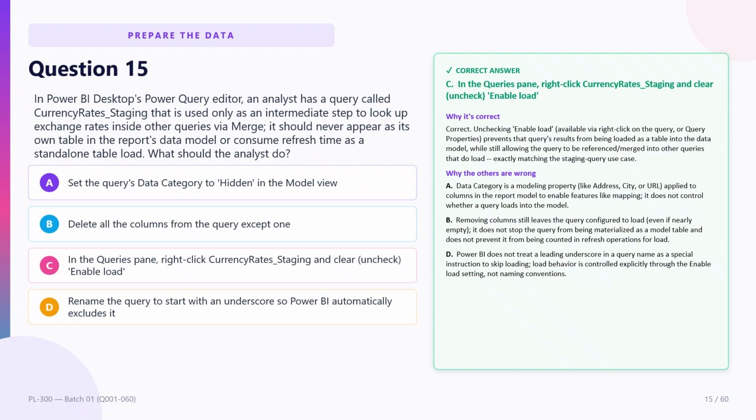It does not stop the query from being materialized as a model table, and does not prevent it from being counted in refresh operations for load. D. Power BI does not treat a leading underscore in a query name as a special instruction to skip loading. Load behavior is controlled explicitly through the Enable Load setting, not naming conventions.